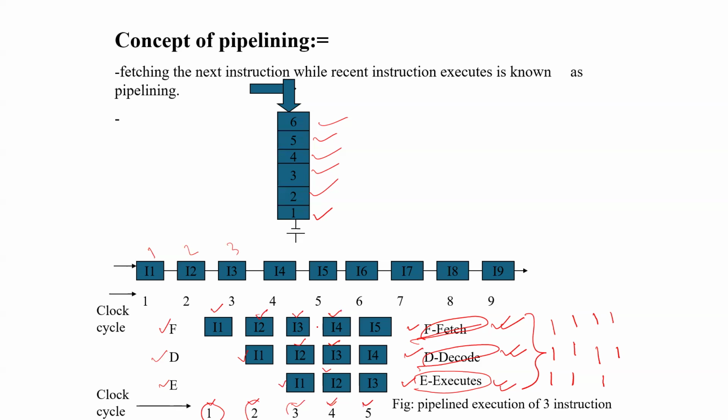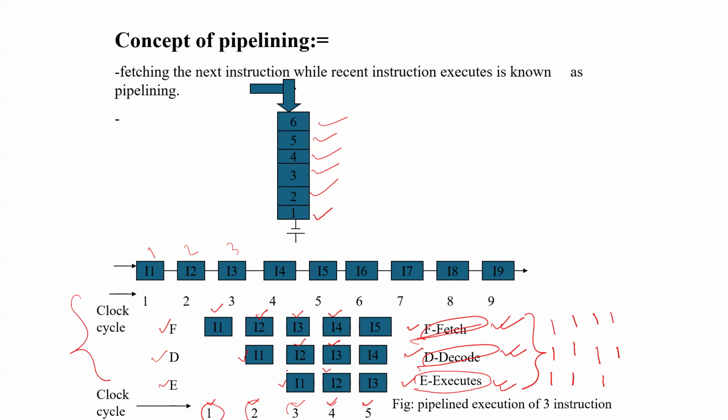So what is the main advantage of this pipelining concept? That means it will take less time, first of all. When one instruction is decoded, in that time, the next instruction is already being fetched. So you can tell multi-purpose work is happening.